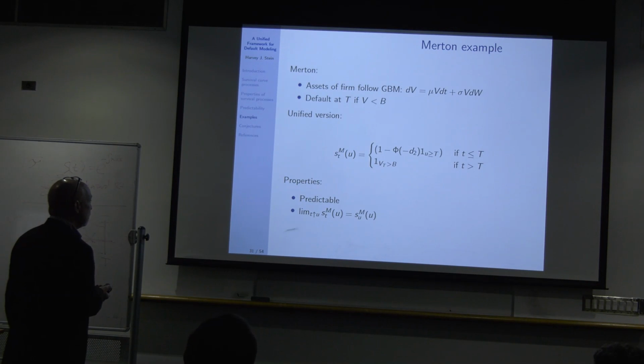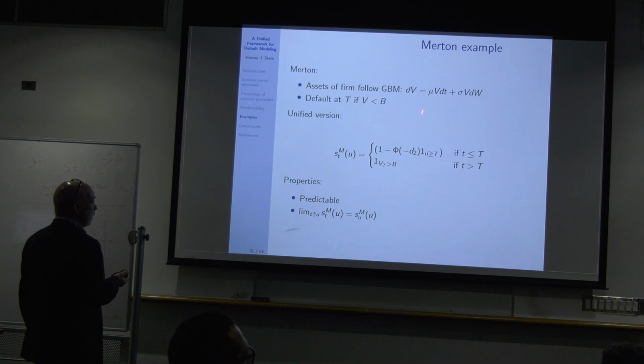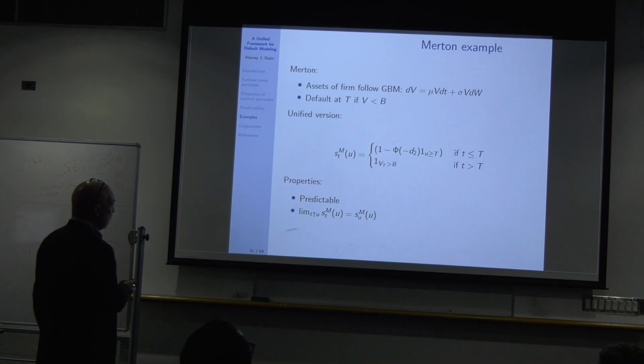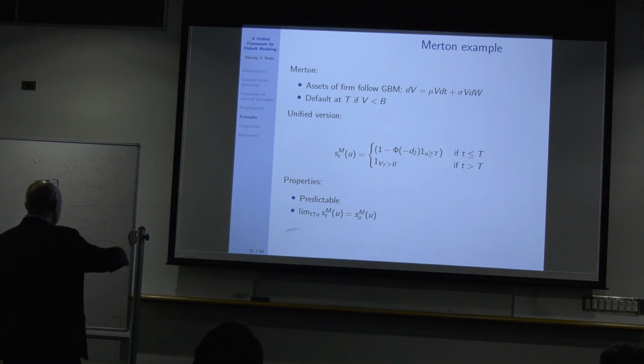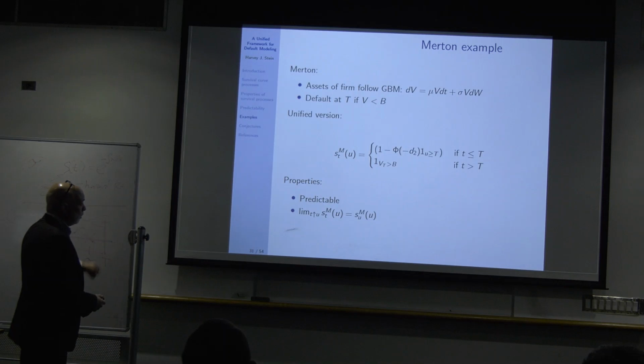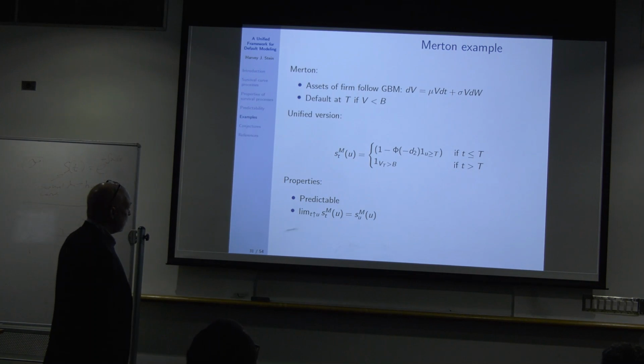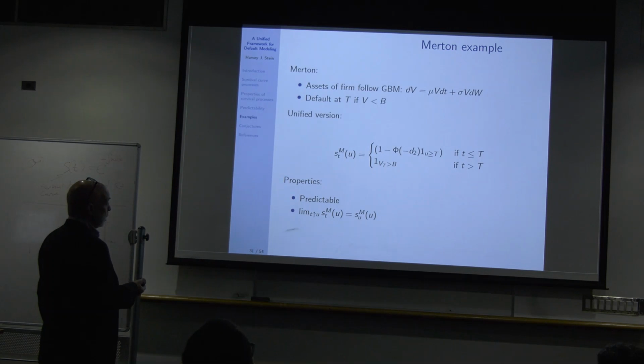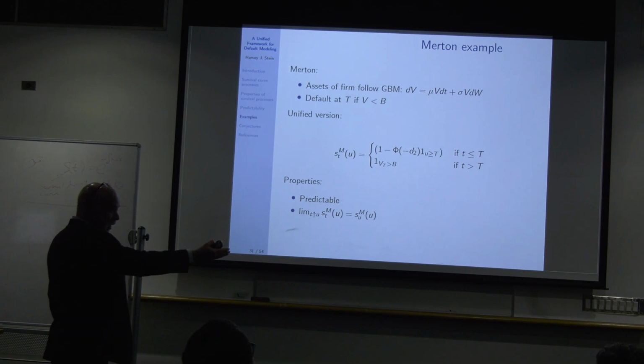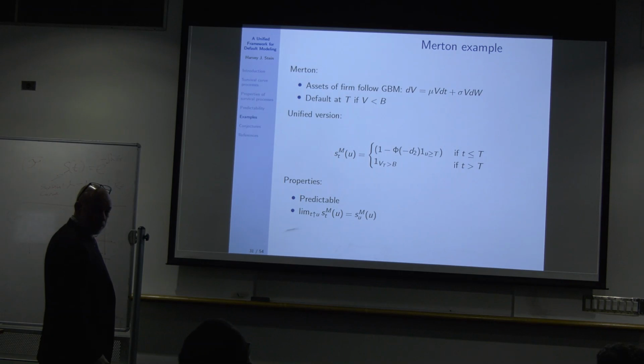Okay, Merton model, we have geometric Brownian motion for the firm value. We default if the value is less than some level at time capital T. We mentioned that before. We can write that down in a unified framework by just writing down the survival processes. Right? If you're at times less than capital T, the survival probability is 1 if you're before capital T, and it's equal to the probability of being below that level given where you are at time little t.